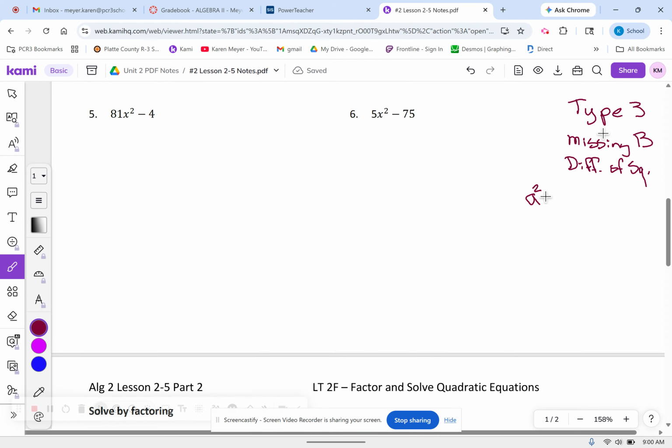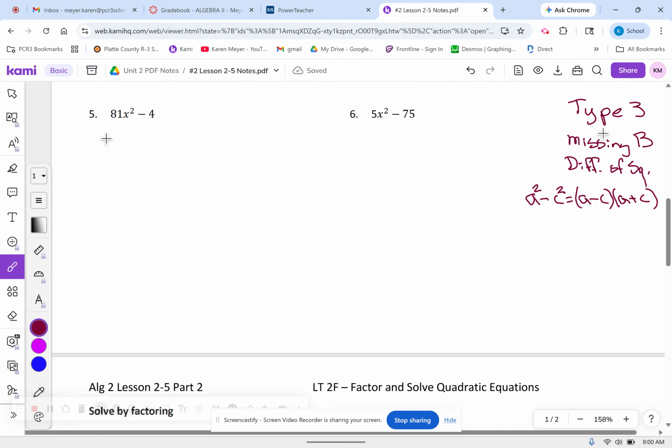So a squared minus c squared equals a minus c parentheses a plus c parentheses. Okay, now you still want to check for a GCF. I mean, because that could happen still, but you can use the little formula off to the side.